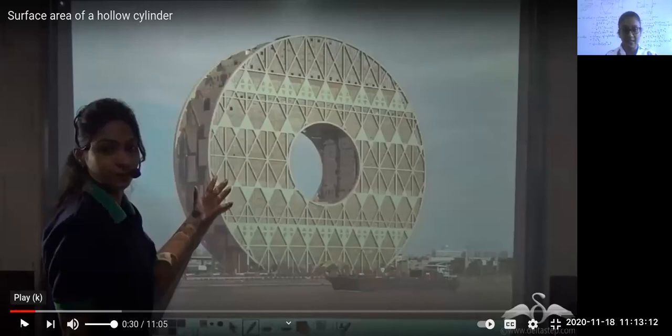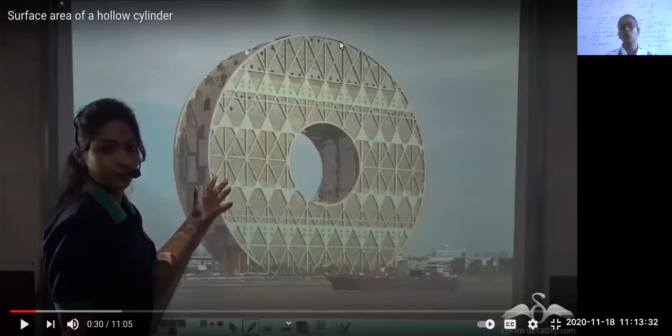The surface area again will be of two varieties. It will be the total surface area as well as the curved surface area. And this structure will have a specific volume also. So we have to talk about the volume of this structure also. So we may come across structures of this kind.